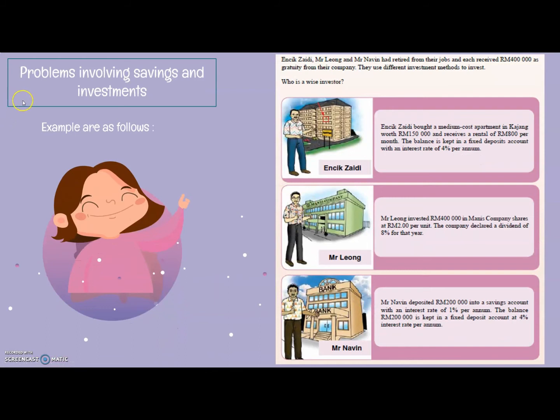Okay, next we will see the problems involving saving and investment. This question shows you three investors, and it wants you to find which is the wisest investor.